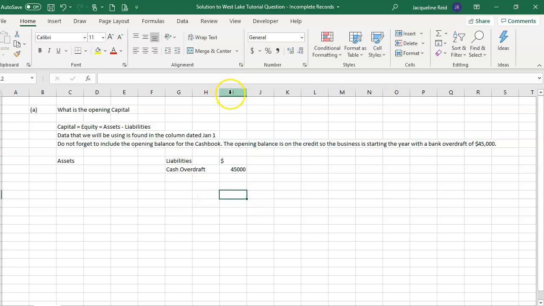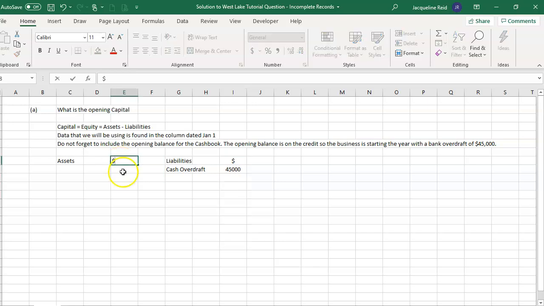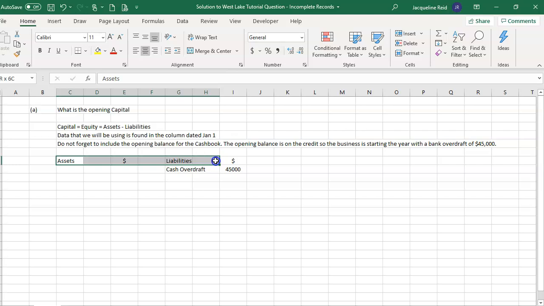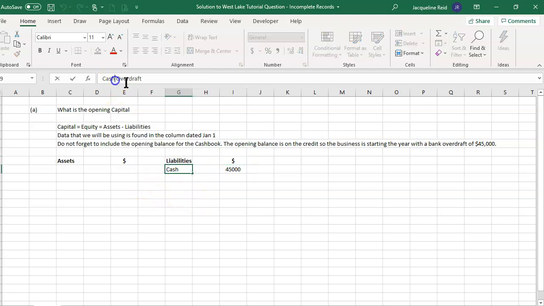Now, I may not be calling the figures in the order in which they are appearing in the question, but I am going to ensure that everything that needs to be included is included and done so in the correct column. So we've placed our first item, the cash book overdraft.